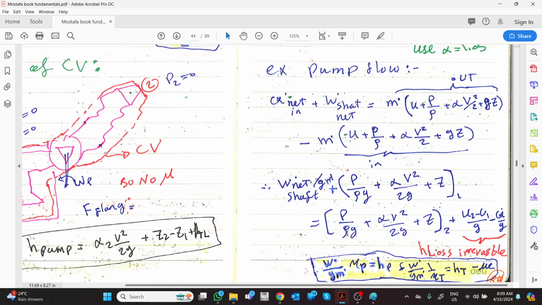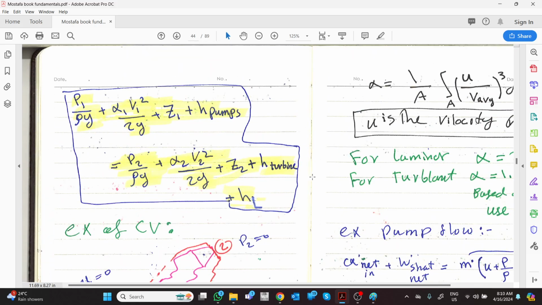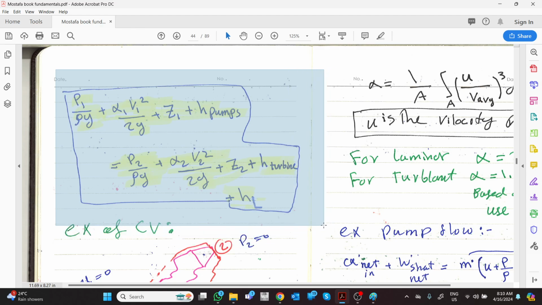And if it is a turbine, it is divided by eta turbine. But remember, if it is a turbine, this should be negative. So we can write pressure head, kinetic energy head, plus z, which is head, plus H pump equal to plus H turbine plus H loss. This is Bernoulli.